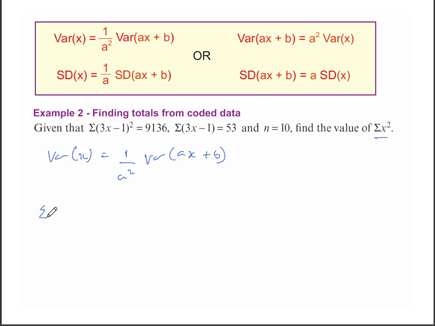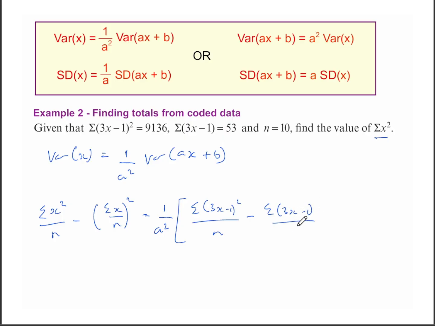The mean of the squares, sum of x squared over n, minus the square of the mean, sum of x over n, squared, is equal to 1/a squared times the sum of the squares over n minus the square of the mean, of the coded data. And that's going to be our formula in expanded form.